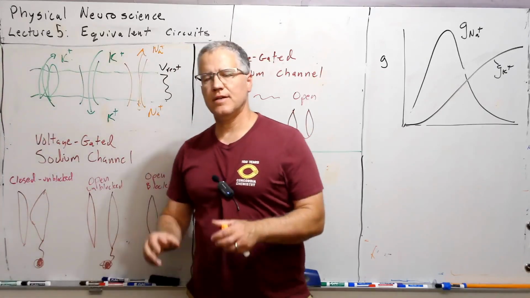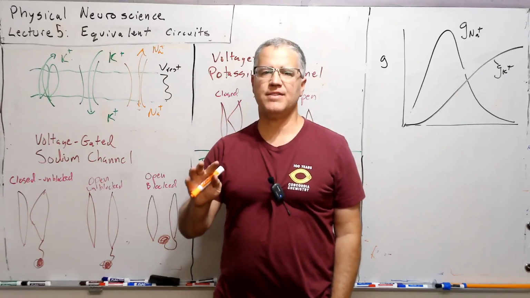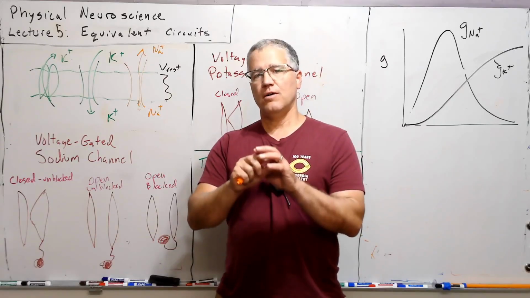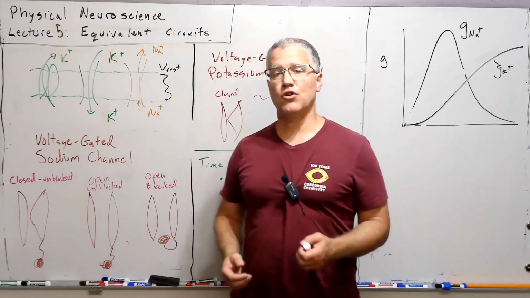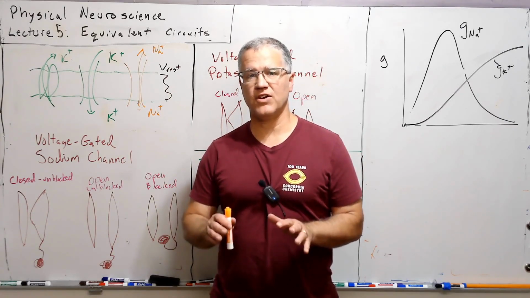Okay, so let's talk a little more about the sodium and potassium channels. We're going to spend a lot of time on this, so this is sort of a first pass through. We will be going through a lot of the detail of the protein structure for these channels and looking at them very closely.